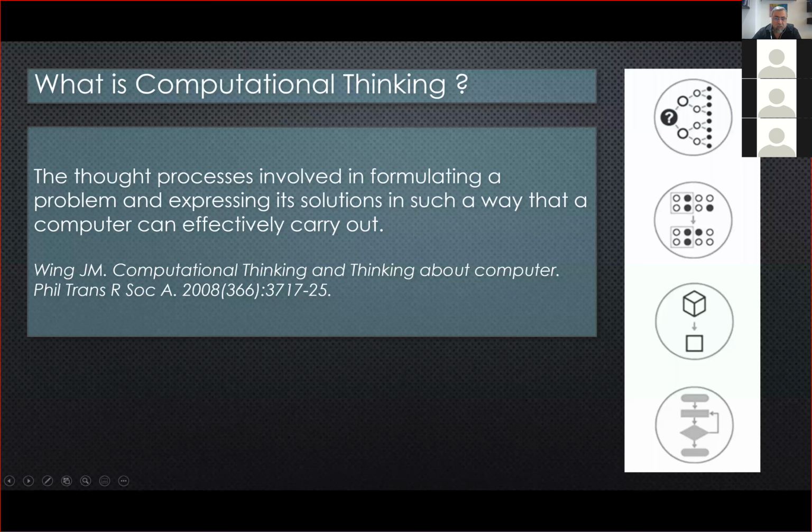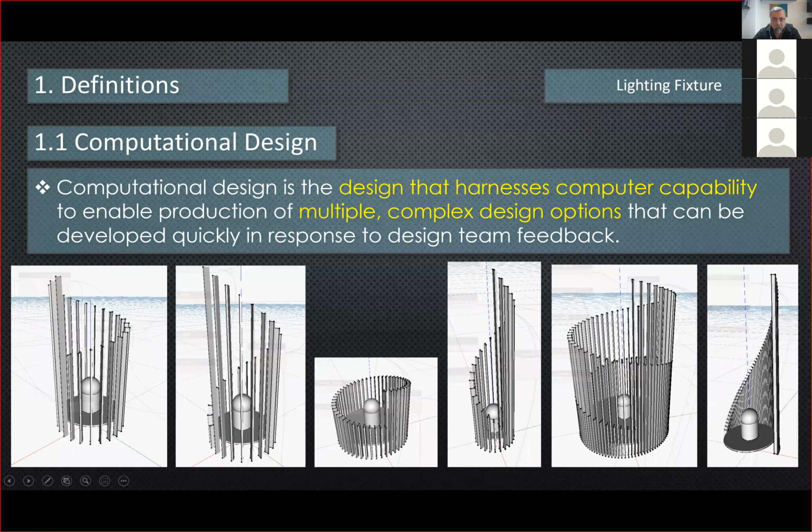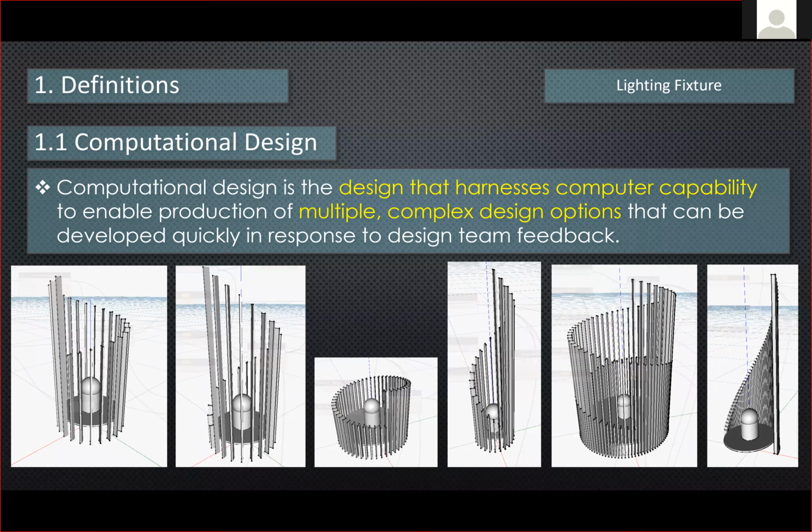If we step a little bit forward to the architectural, or design, part of it, computational design in its first definition is described as a design that harnesses computer power to enable the production of multiple and complex design options.